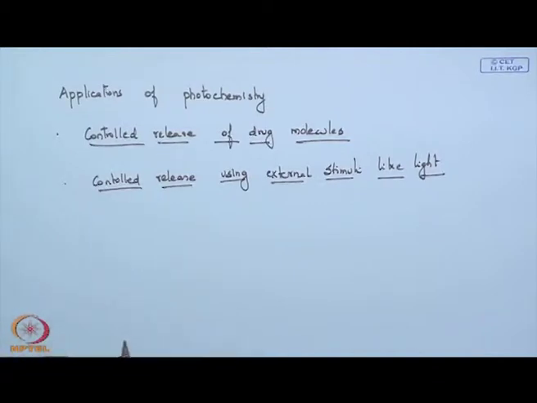So, why is it so interesting? What advantages does it provide over other methods? For example, you have taken a drug inside your body, and you have some peripheral cancer on your skin. By using external light, if I shine light or a laser and release the drug in that part alone, then it will be interesting.